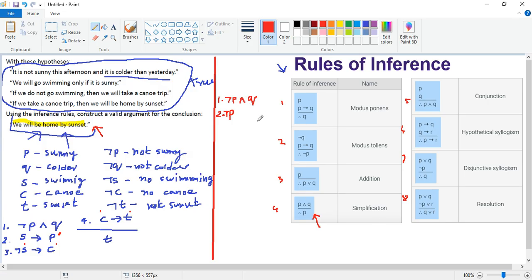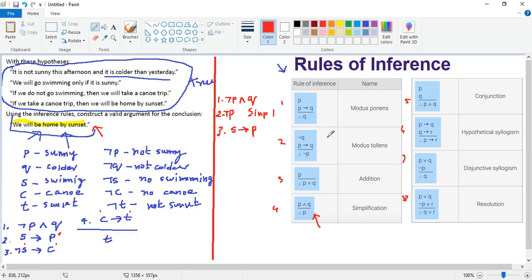So I have to write that rule of inference here: simplification using 1. That's the reason for concluding that not P is true. Now you can take the second one. The second one is saying S implies P, right? Is there any other rule that you can use here? Look at this one.